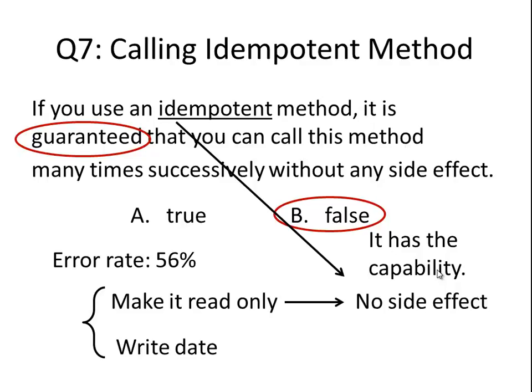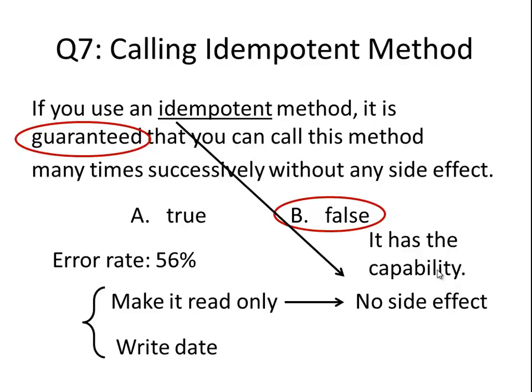Okay, yeah. So the idempotent here means the method has the capability to be implemented without any side effect. It has the capability, but it does not mean you cannot do things with side effect.